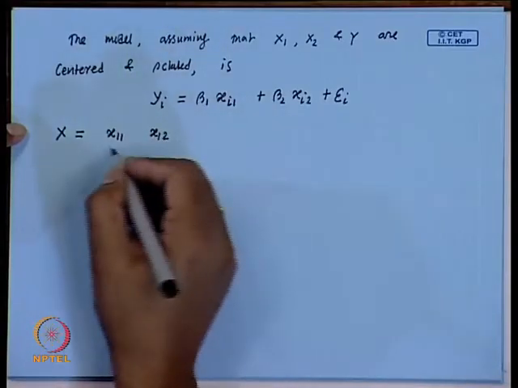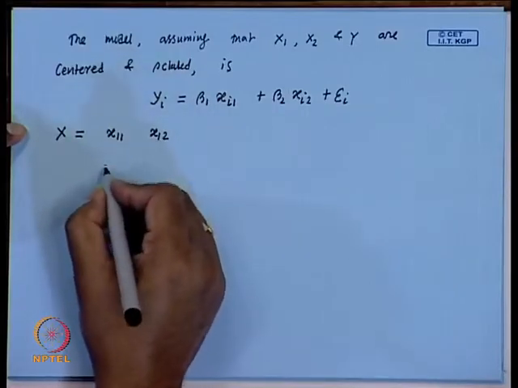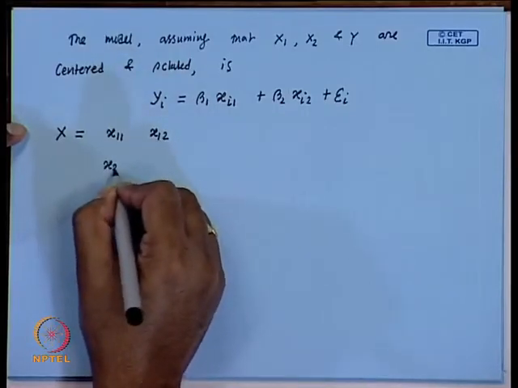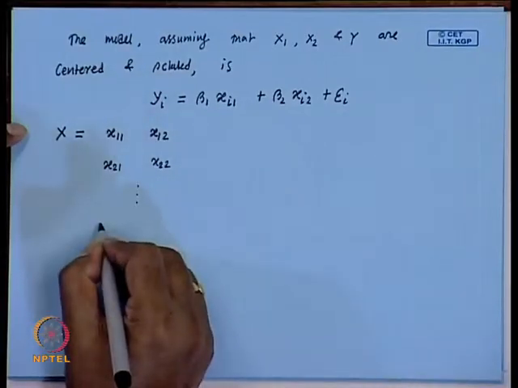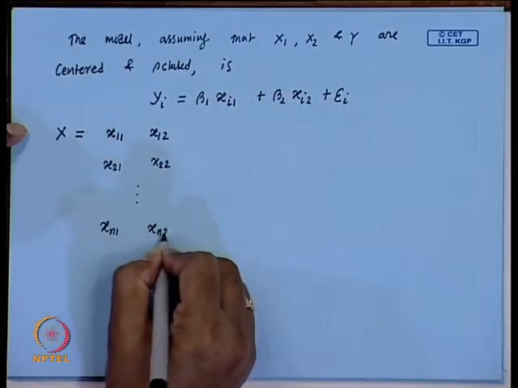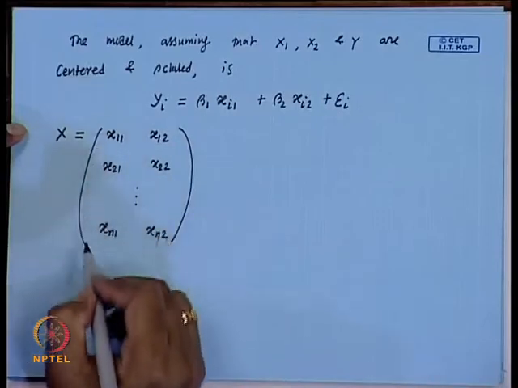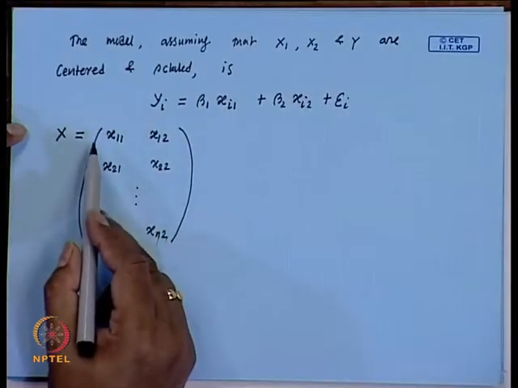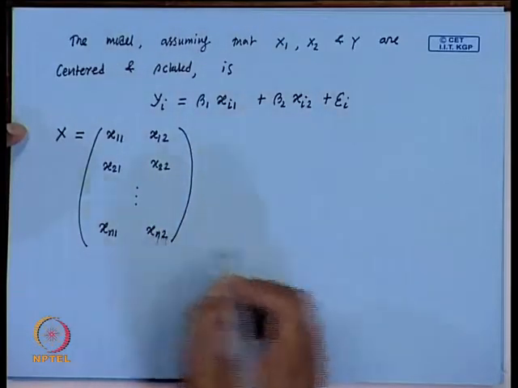I am writing small x, which means this is for the transformed data. See that the column of 1s is not there; that column is associated with the intercept beta naught.